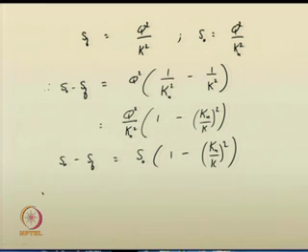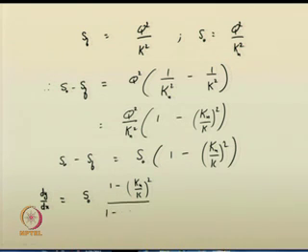Therefore, your dynamic equation becomes dy by dx is equal to S 0 into 1 minus K n by K whole square, by 1 minus Z c by Z whole square.